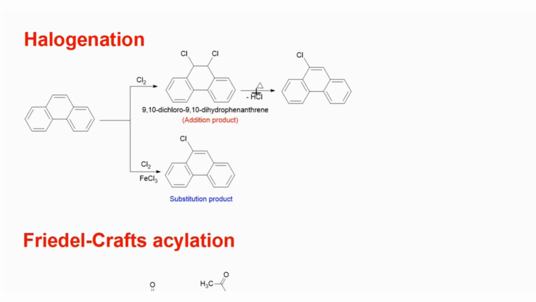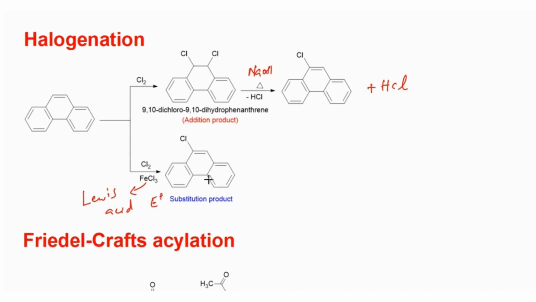If you heat it under alkaline conditions, it will give an elimination product and forms 9-chlorophenanthrene. But if you use a Lewis acid like FeCl3, the mechanism will go by aromatic electrophilic substitution. If you don't use any Lewis acid, it gives the addition mechanism, but here the substitution mechanism. That is the main difference.